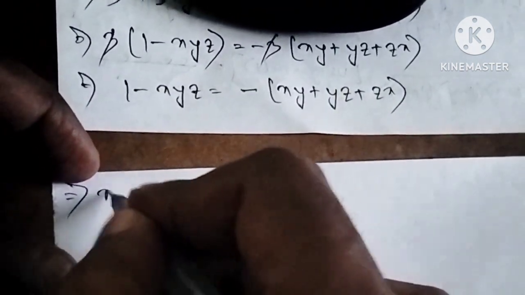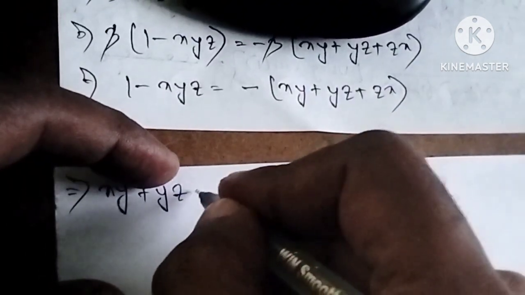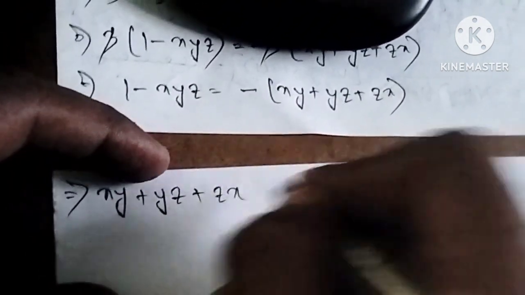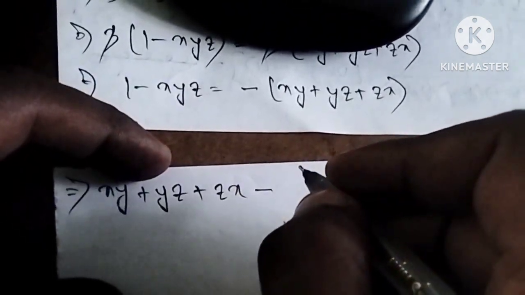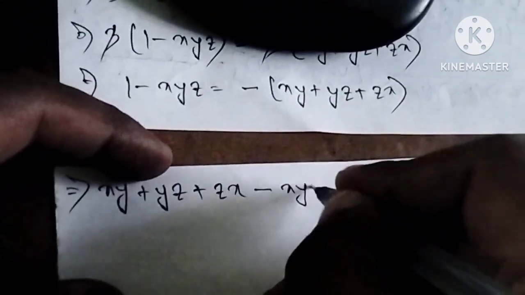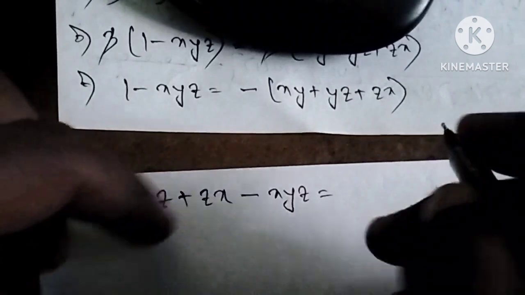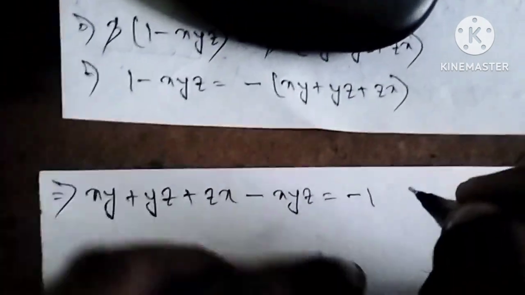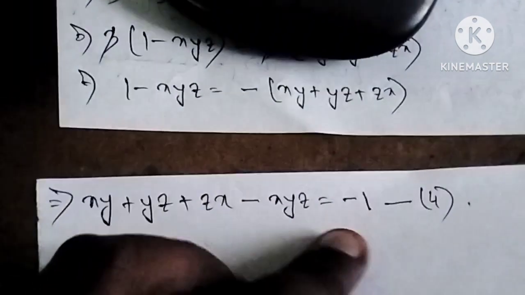Okay, so xy plus yz plus zx minus xyz is equal to, this one from the right hand side will go to the left hand side, it will become minus 1. Okay, so name it as equation 4.